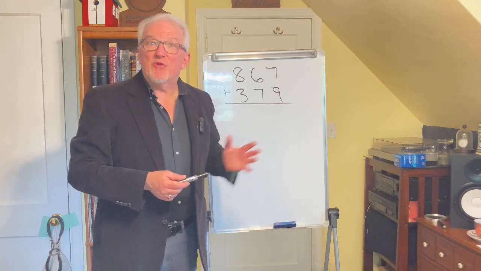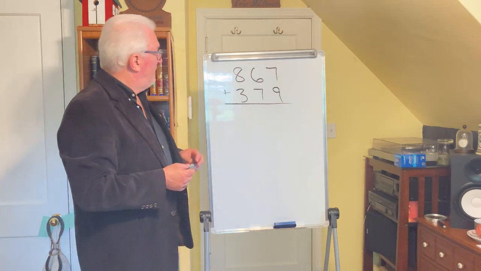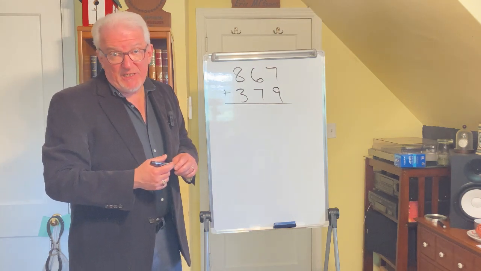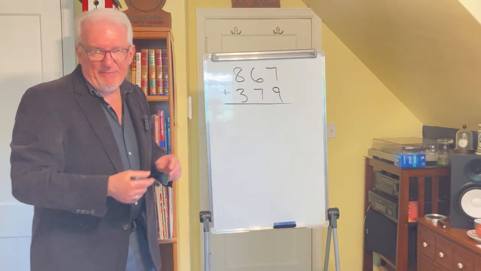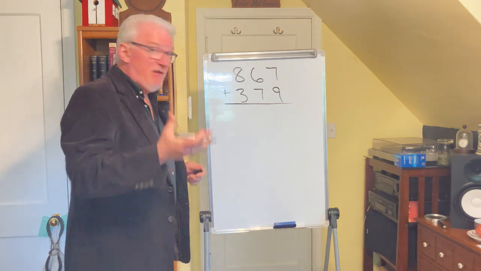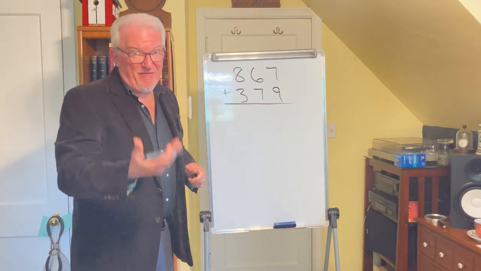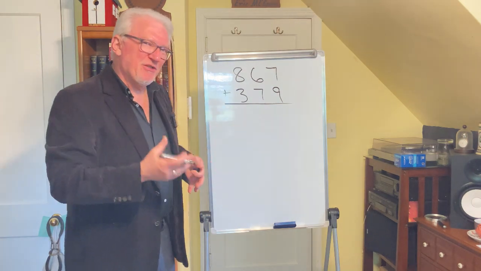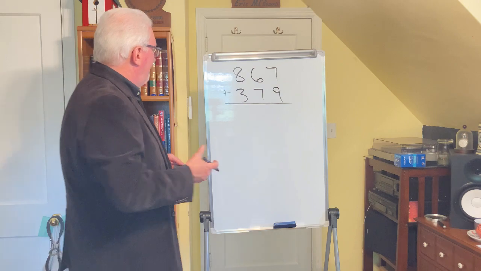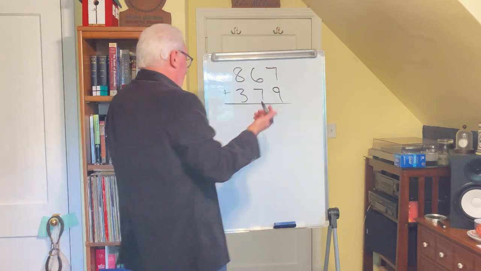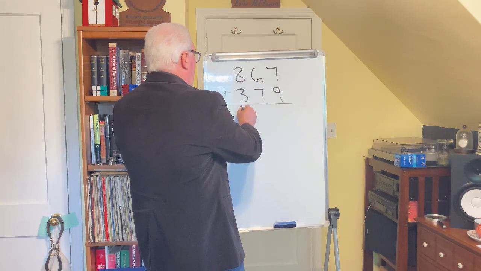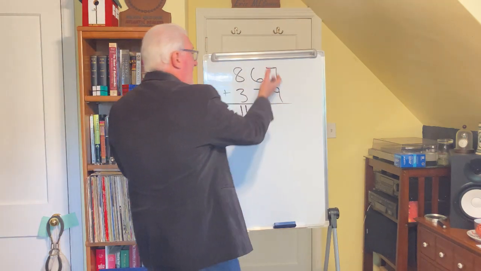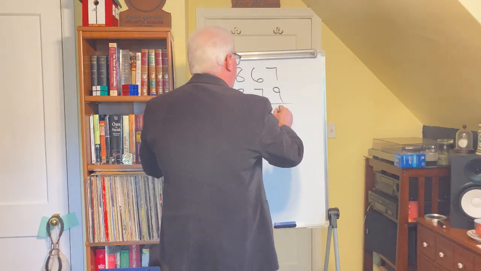This next problem looks a little bit more challenging. We're going to add 867 to 379. Well, what happens whenever we do that? If we proceed exactly as we did in the previous problem, we're going to get an expression that looks a little bit unfamiliar. Adding 8 and 3 together gives us 11. 6 and 7 is 13. And 7 and 9 is 16.